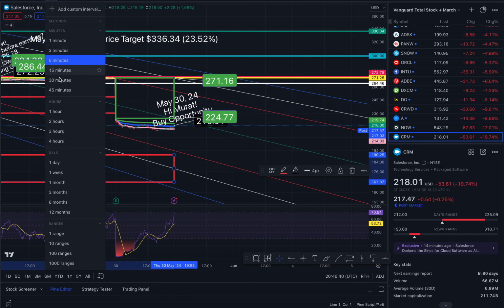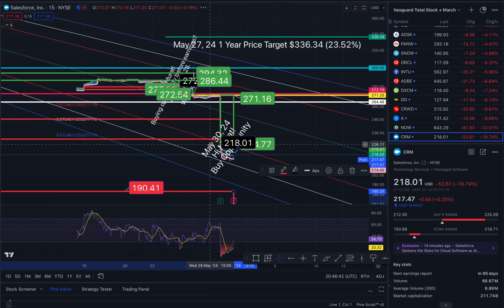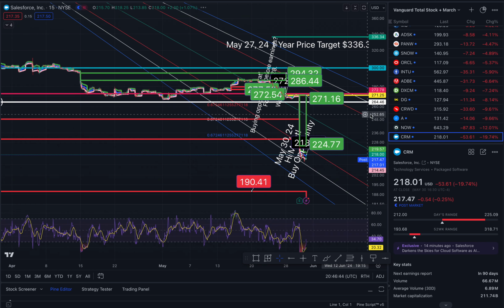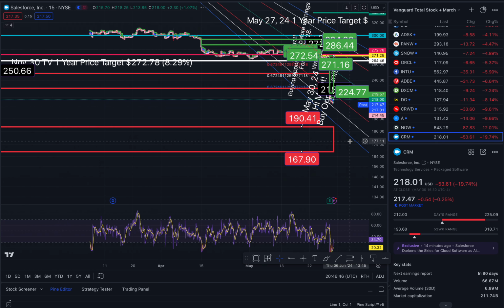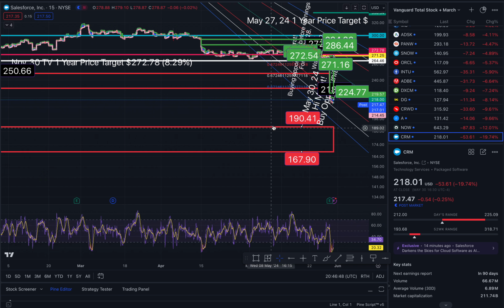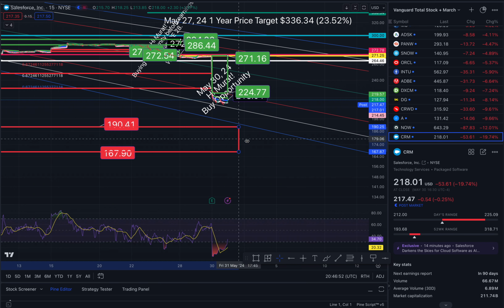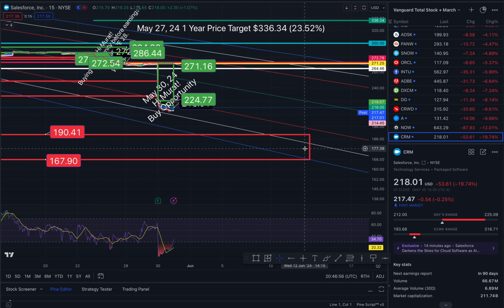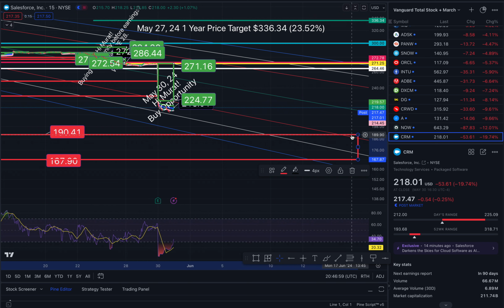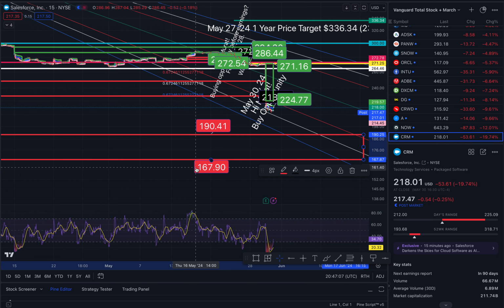Let me flip this to the 15-minute and get a bigger picture. So that will take us to 167.90, but that's going to take possibly a while to get there. But if we continue to go south, that could touch at -2 standard deviations somewhere in the middle of June, possibly, if we continue to go back down.